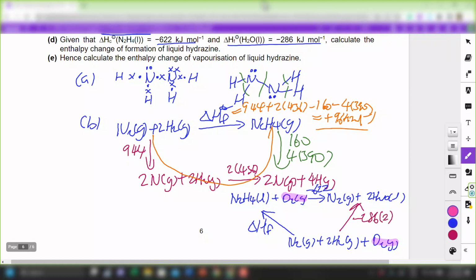So after writing out the balanced equation as well as the data I require, I'm just going to define the formation enthalpy in this particular direction. So I'm going to go from over here in anti-clockwise fashion like this. Therefore the enthalpy change of formation will be negative 286 multiplied by 2 minus 622, because the direction involving the combustion of N2H4 is in the opposite direction.